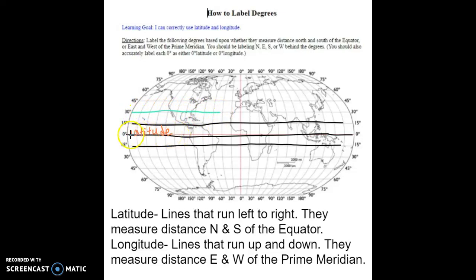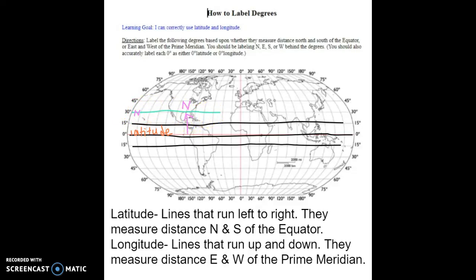We start off at 0 degrees and we had to go the direction of north to get to this 30-degree line. So this right here is 30 degrees north latitude.